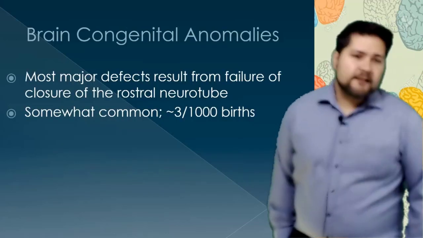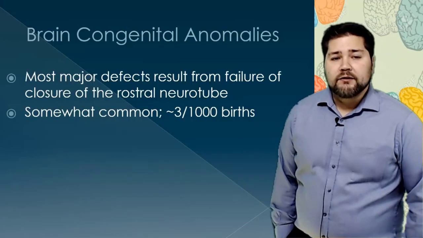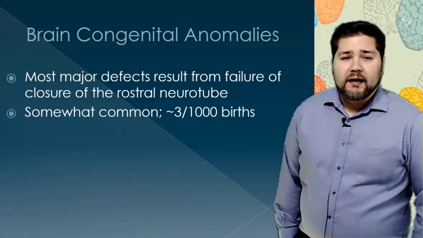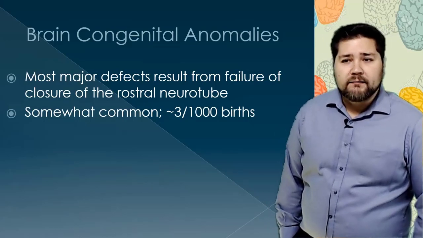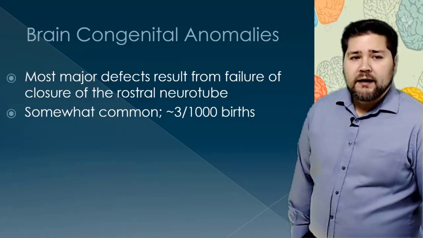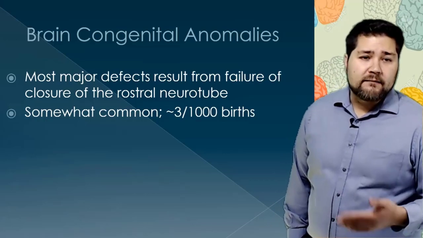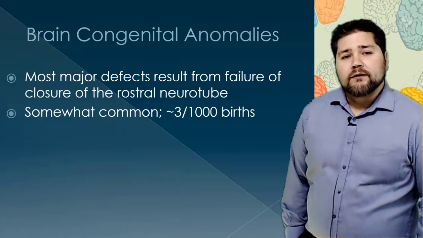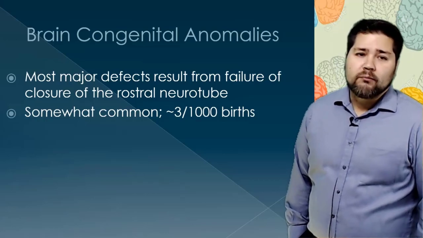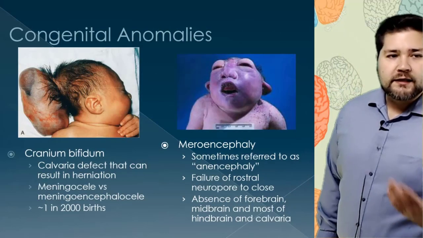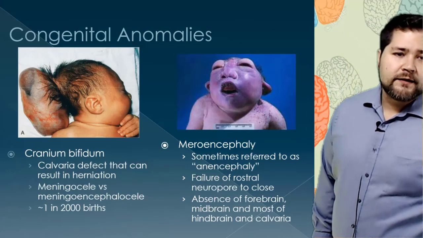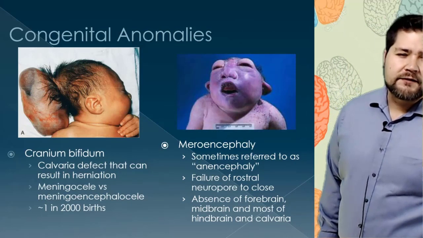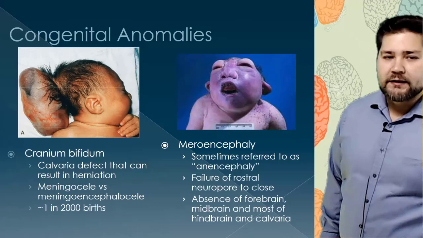Just like in the spinal cord, we can see congenital anomalies form in the brain itself. These are also relatively uncommon, about 3 in every 1,000 births. But again, the cause is usually the same, a non-closure of that neural tube or neuropore. So the first two we'll take a look at are cranium bifidum and microencephaly. And microencephaly is sometimes referred to as anencephaly, and we'll get into that in a moment.